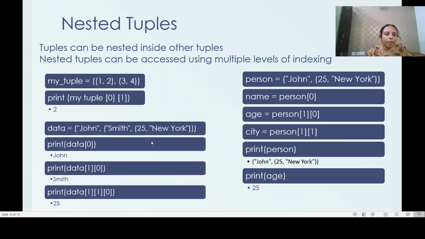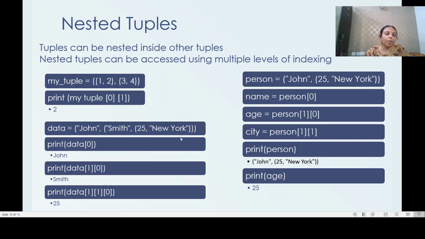Within that 1, I want to refer to this second item. Second item means 1, 1. And within this, I want to refer to this 25. So 1, 1, 0. Again, I repeat: the entire tuple has two items, one is the string and another is the tuple. Within this tuple, I have two items, one is the string and another is the tuple.